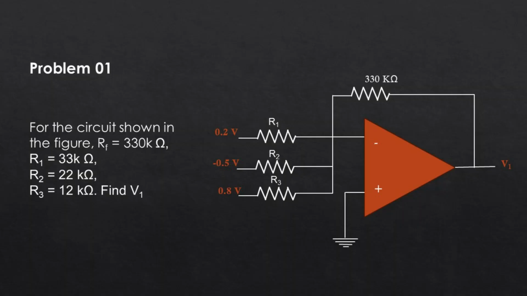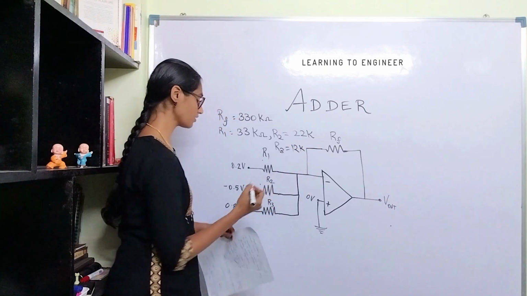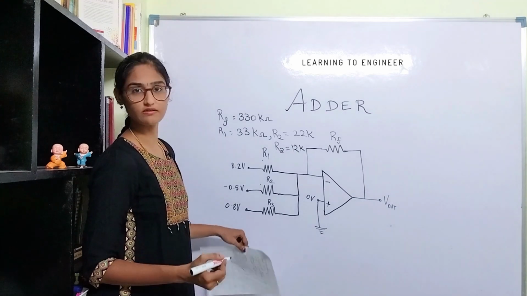In this problem, RF is equal to 330 kilo ohm, R1 is equal to 33 kilo ohm, R2 is equal to 22 kilo ohm and R3 is equal to 12 kilo ohm. So for this configuration, what is the value of V out?